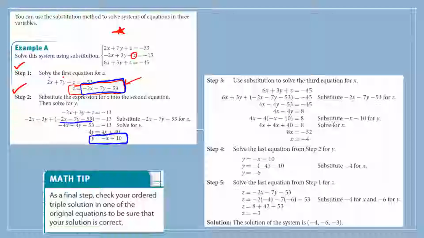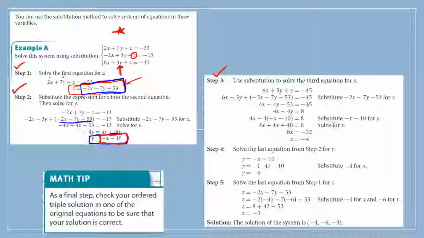All right, so the next step is use substitution to solve the third equation for x. So we're going to take this, y equals this stuff, and we're going to substitute this stuff for y in the third equation. So it's going to go in right there. See, if I'm back on this original system, it's going to go in this third equation for y right there where I just drew that little arrow.